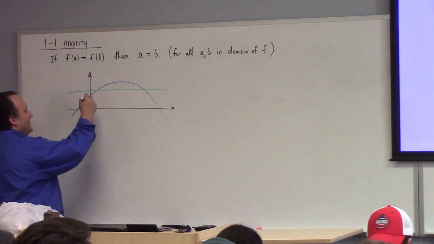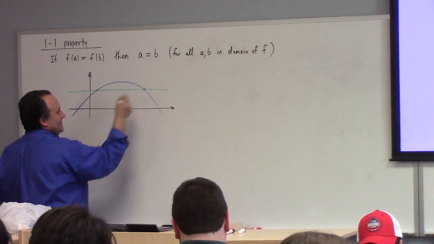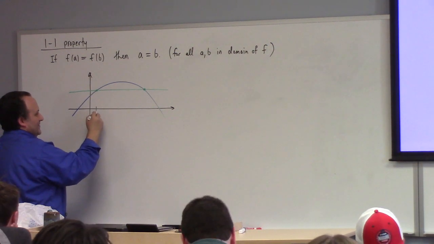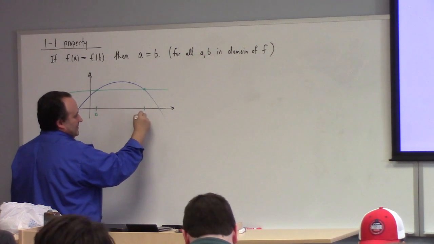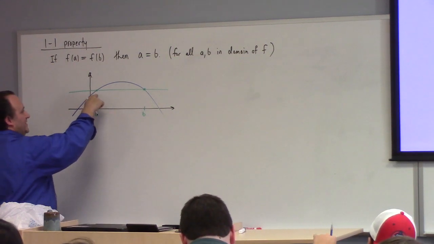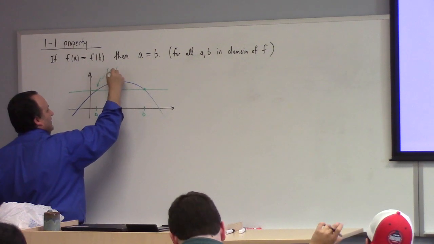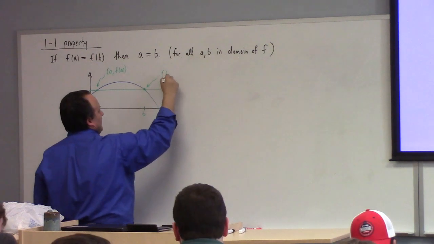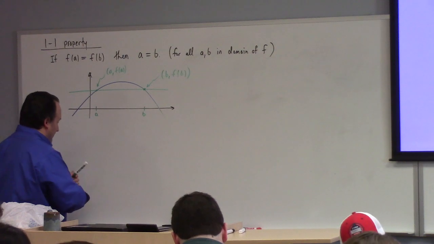Okay. So look at this. This is A. This is B, right? And if that's a horizontal line, this point right here would be A comma f of A, and this point right here would be B comma f of B, by the definition of what it means to be on a graph.